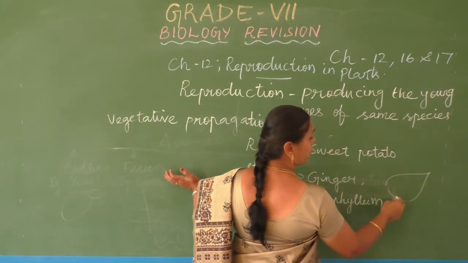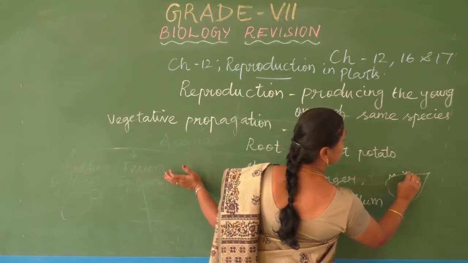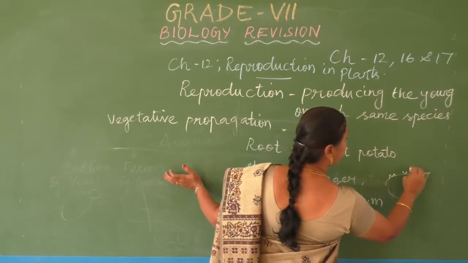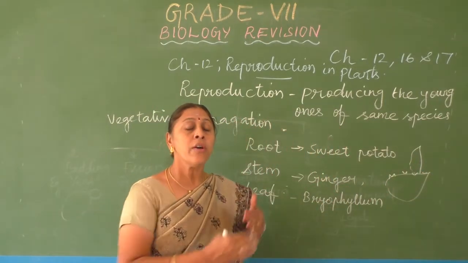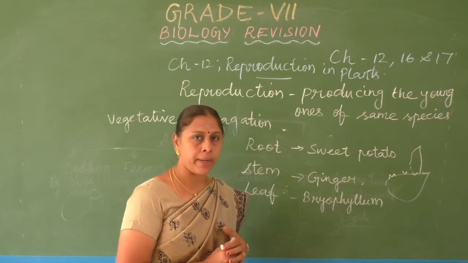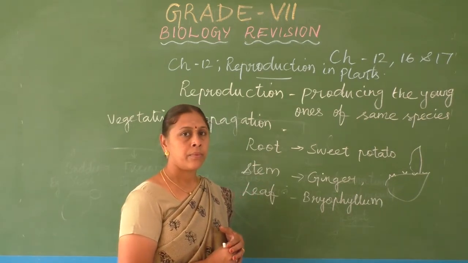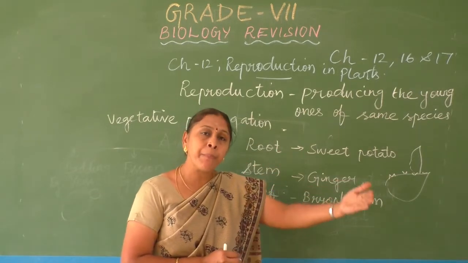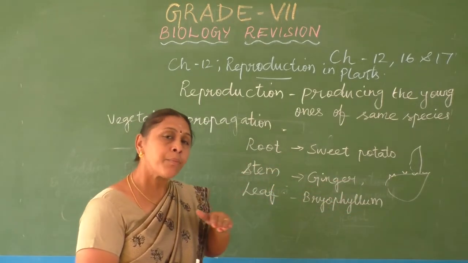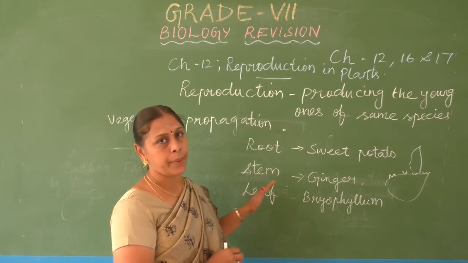If this is the leaf of bryophyllum, at the edges some notches will be present, and from those, new leaves or a new plant will start to grow when it comes in contact with the soil. So like this, if a plant reproduces through the vegetative parts, that process is called vegetative propagation.